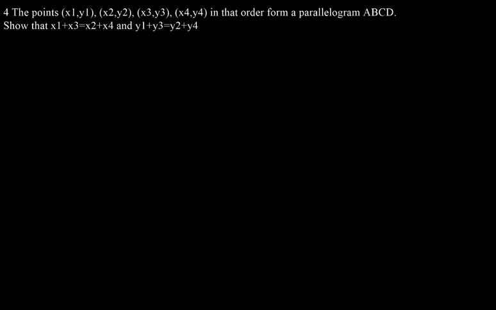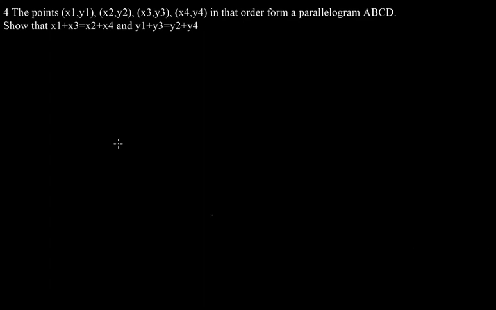So the question says the points (x1, y1), (x2, y2), (x3, y3), (x4, y4) in that order form a parallelogram ABCD. Show that x1 plus x3 equals x2 plus x4 and y1 plus y3 equals y2 plus y4. So here's the last example that we're doing, and you can pause the video and work it out on your own.